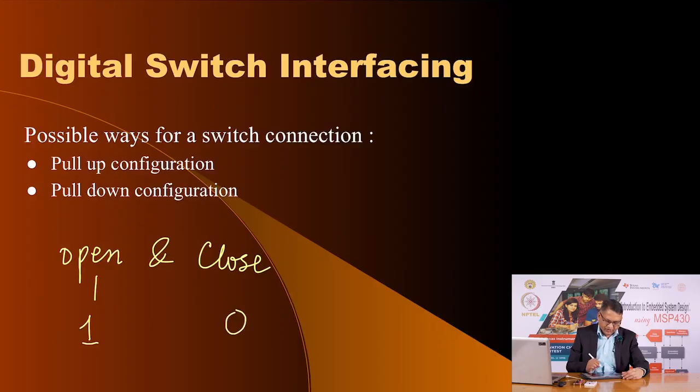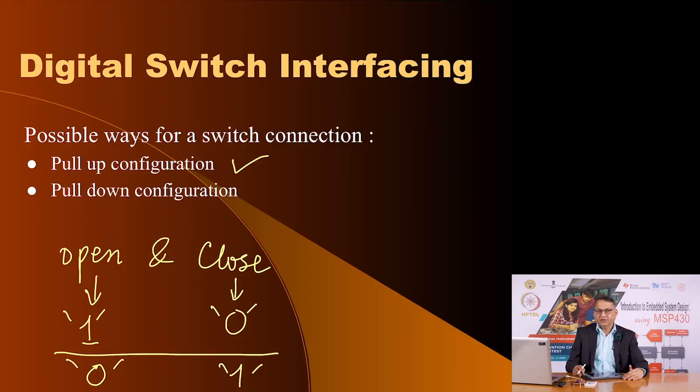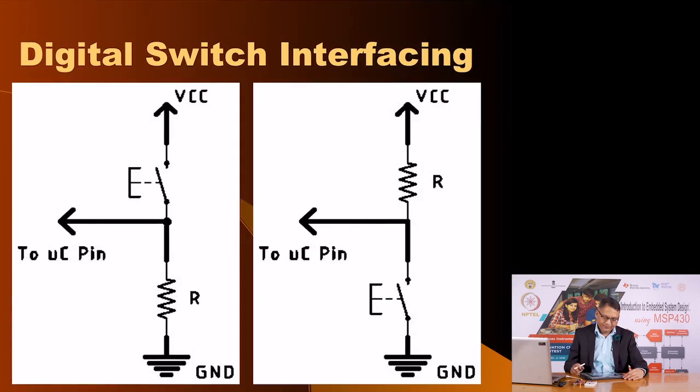If we choose logic 1 for open, then closed must translate to 0, or we can have the other possibility, that open translates to logic 0 and closed translates to logic 1. And this is achieved by using a pull up resistor configuration or a pull down resistor configuration. Let us see how these configurations look.